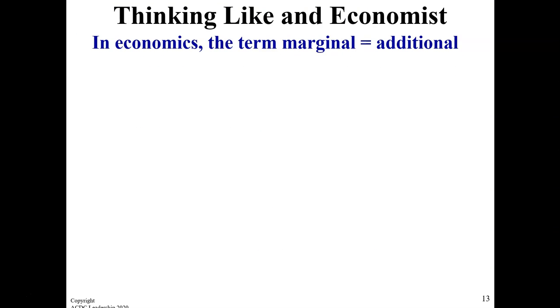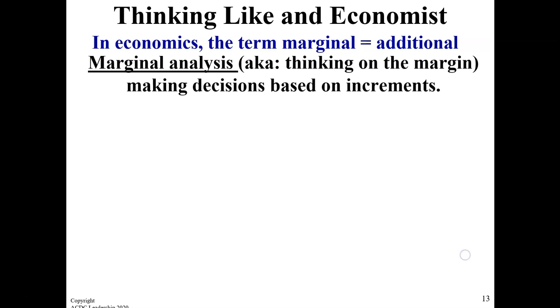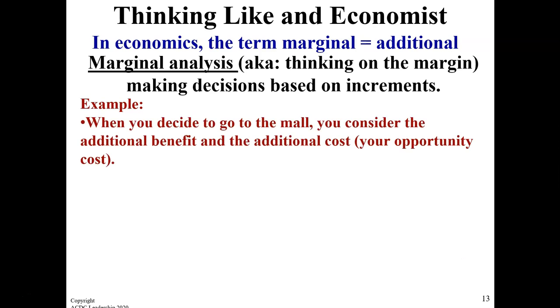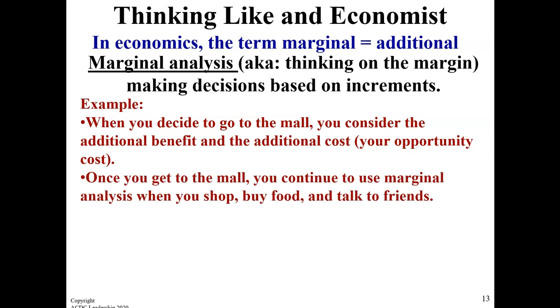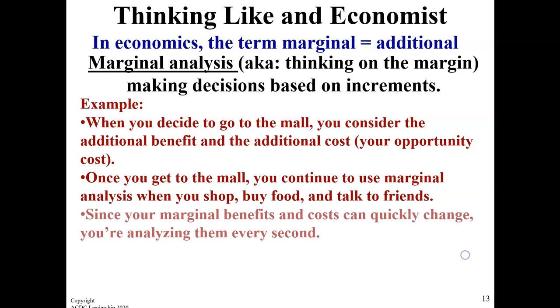In economics, the term marginal means additional. So marginal analysis, thinking on the margin, means making decisions based on increments. So when you decide to go to the mall, you consider the additional benefit and the additional cost, whatever your opportunity cost is. Once you get to the mall, you continue to use marginal analysis when you shop, buy food, and talk to friends.